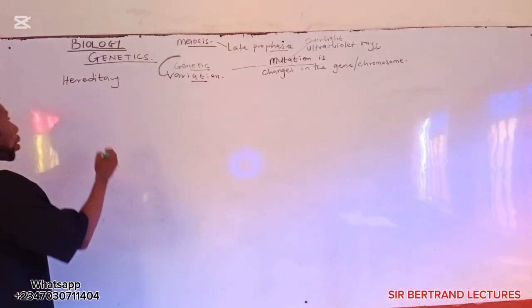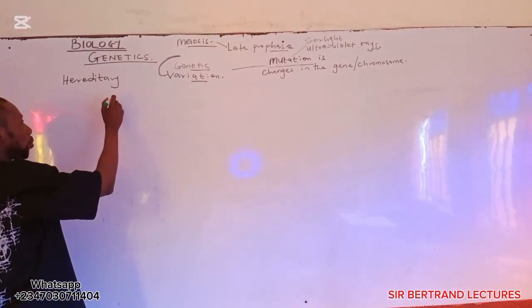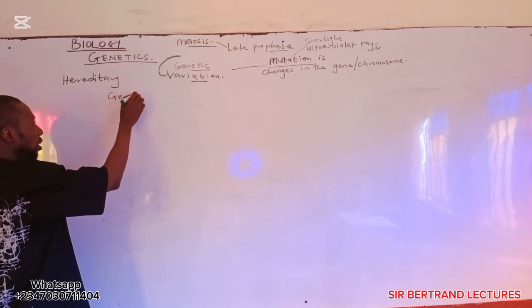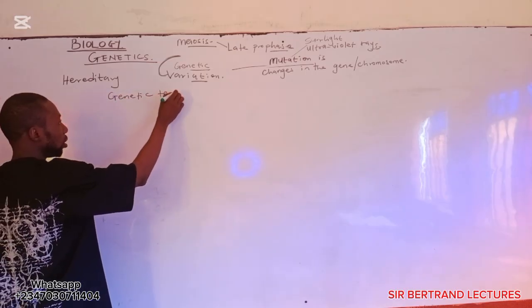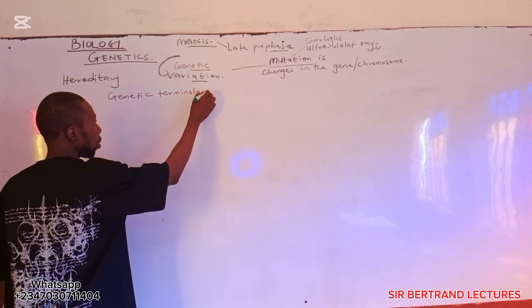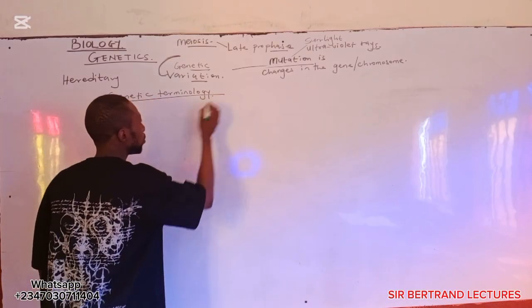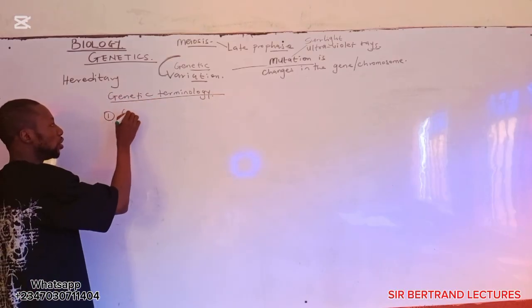Okay, now we are going to look at genetic terminology. We are going to look at different genetic terms. Number one is genotype.